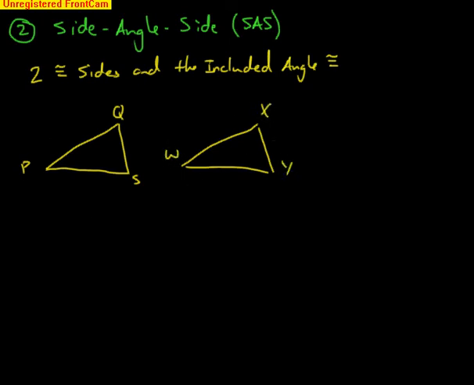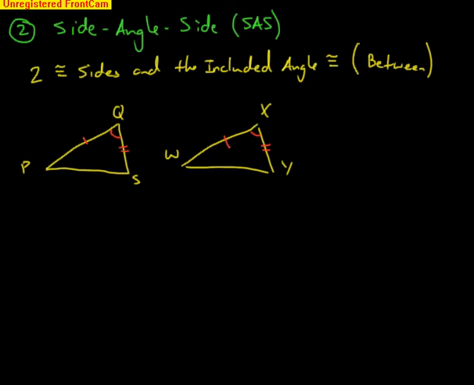Here's how I'll mark it this time: I'll mark PQ, QS, WX, and XY, and then the included angle, which would be angle Q here and angle X. The included angle is the angle between the two sides.